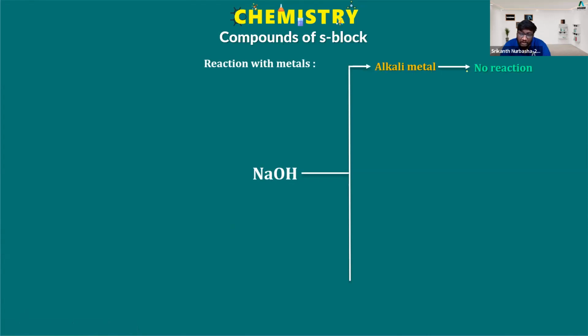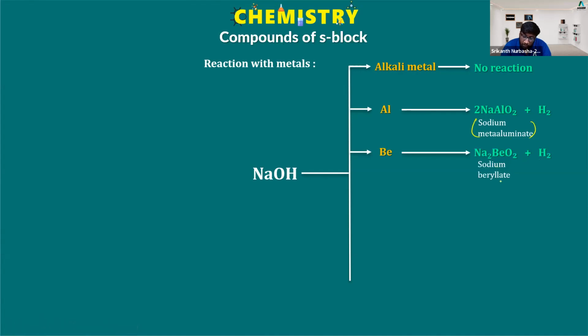With alkali metals, NaOH does not have any reaction. But metals like aluminum, beryllium, zinc, tin and lead all react to form respective compounds. With aluminum we form sodium meta-aluminate. With beryllium, sodium beryllate Na2BeO2 is formed.